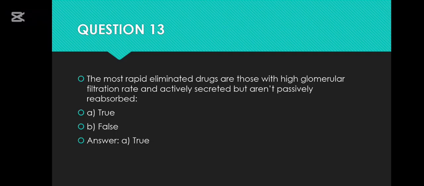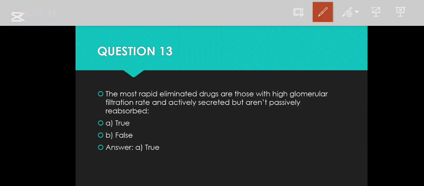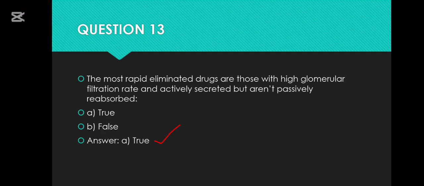Secretion means they are released from the body, but not passively reabsorbed. If they can't be passively absorbed, a lot of it is going to go to waste. So the answer here is true, and we don't need to say a lot on the answer, I've explained. In case you don't understand, go back to my explanation on the tube, you understand?